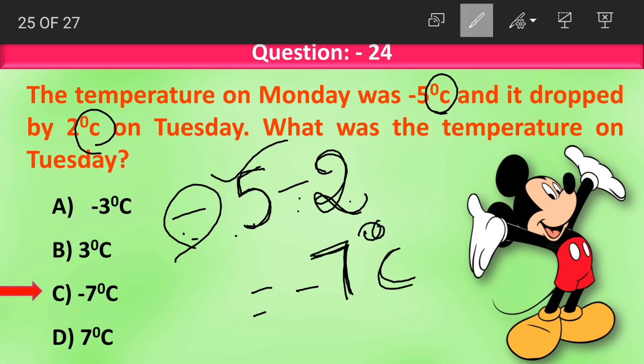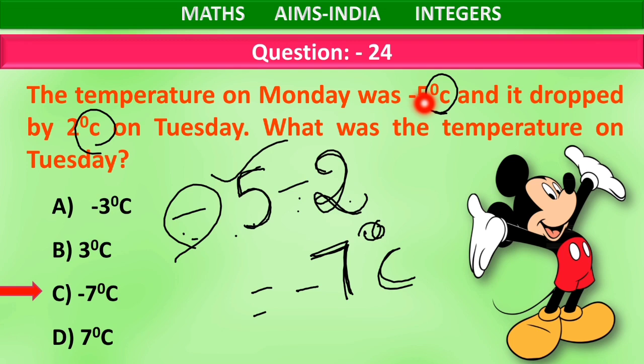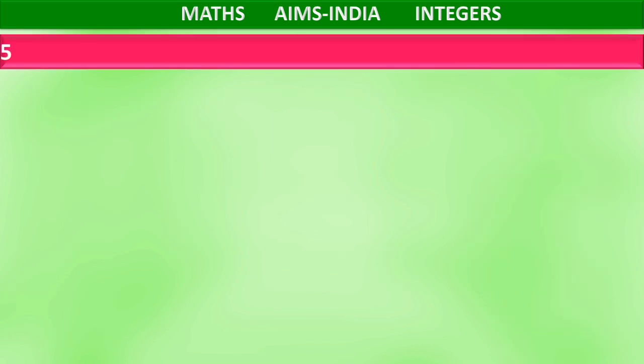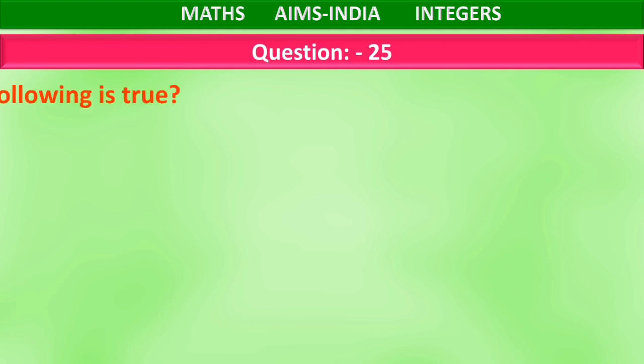The answer will be minus 7 degrees Celsius. Okay class, just like if the question was 5 kilometers and 2 kilometers, you would have written 7 kilometers. In the same way, in the question we are having the numbers in Celsius form, so the answer should also be in Celsius form.